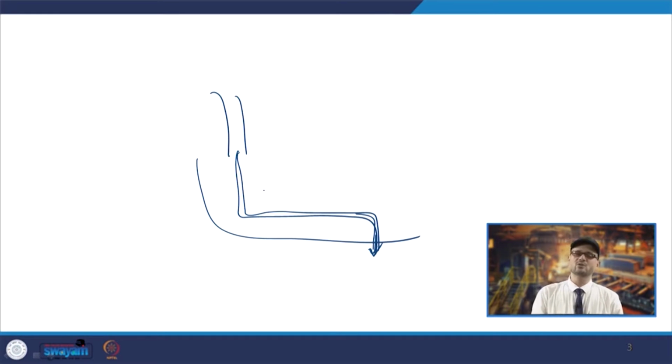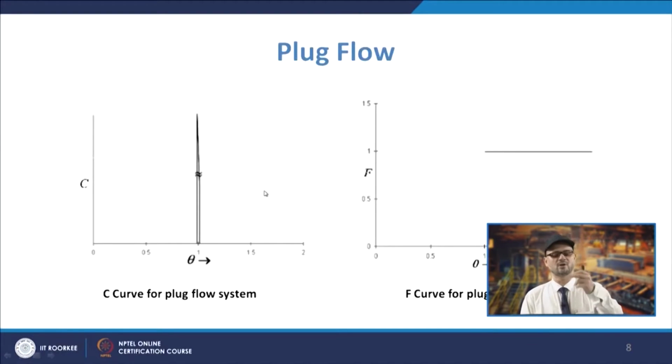It has maintained its identity and come out without mixing. That is your plug flow in the case of the pulse input system.